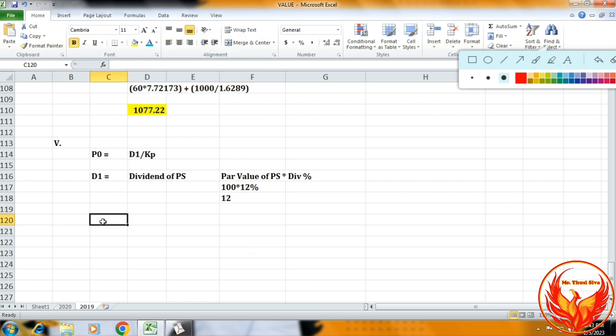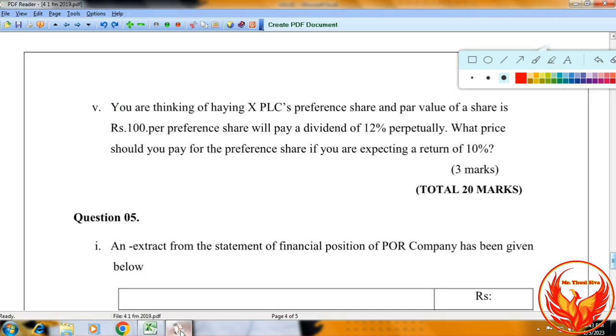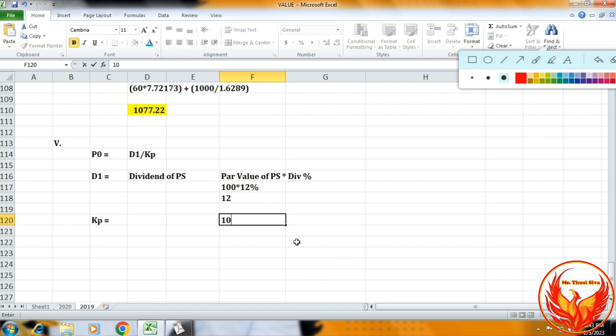And KP, cost of preference share, is given in the question. KP is 10%, the expected rate of return. So now we can find the answer.